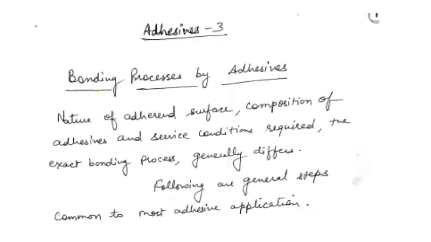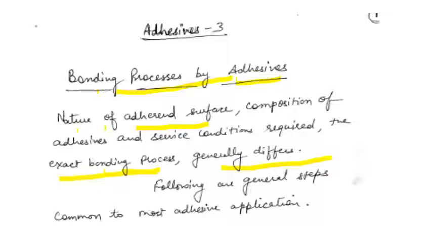So let's start. What is the bonding process by the adhesives? How does the bonding take place using the adhesive? We should learn this. The exact bonding process of any adhesive we have applied generally differs, because the surfaces where we apply the adhesive are different.